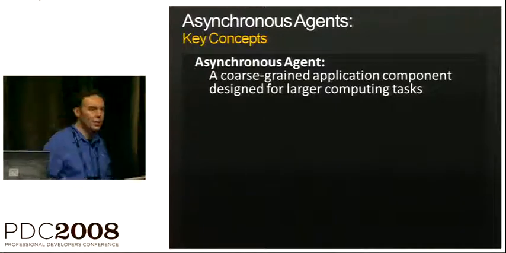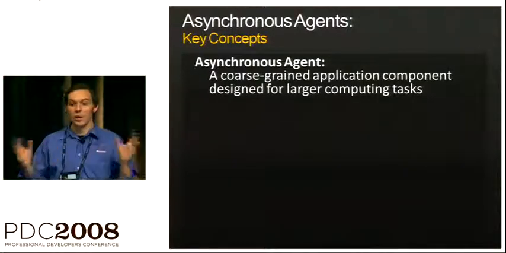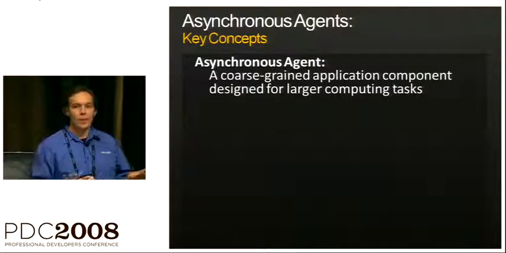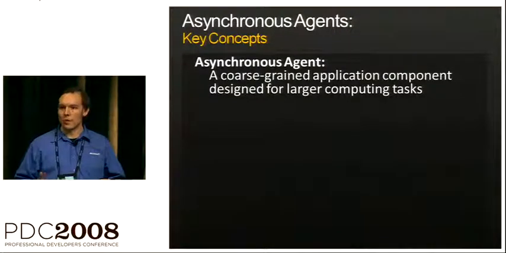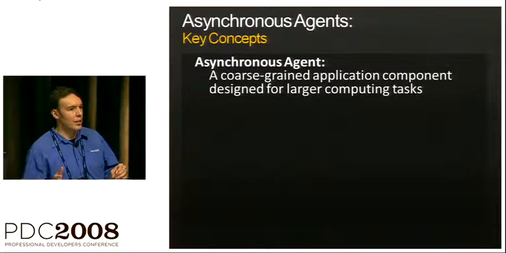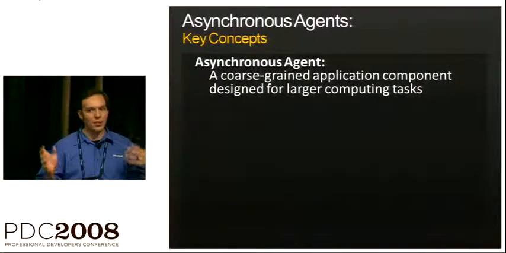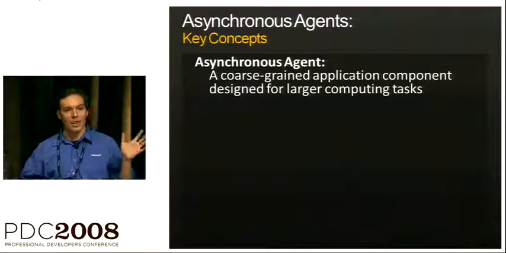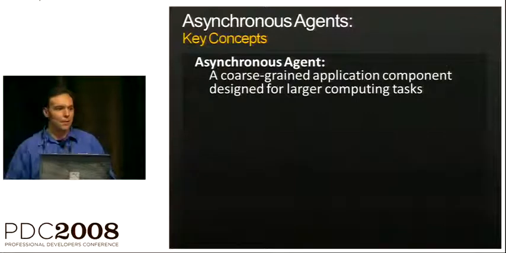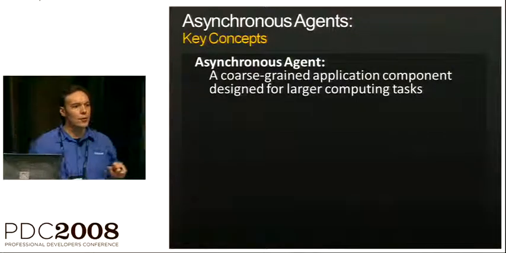So the key concepts in the agents library, we'll talk about an agent. An agent is a base class that you can derive from. It's a pretty large-grained, coarse-grained construct in your application. It tends to have inputs that you'll send messages to. Perhaps it has a network inside it, does some work on it, and has outputs that you can receive from. These would be very high-level constructs.